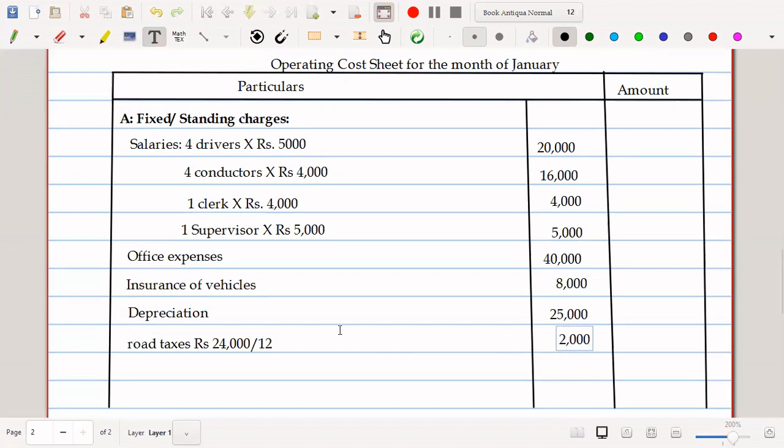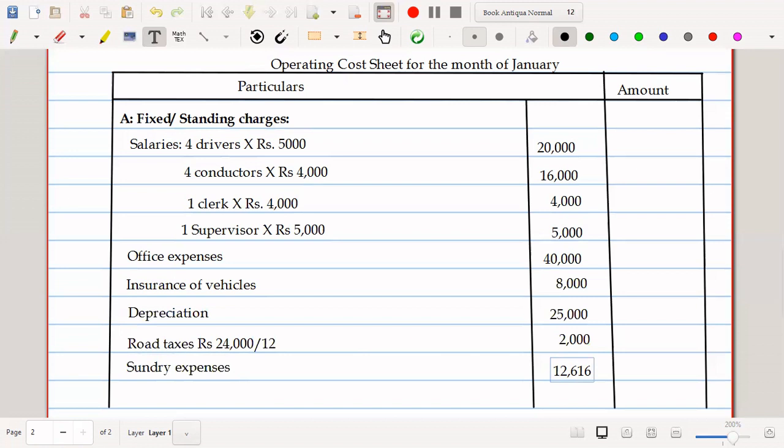And next is sundry expenses. Sundry expenses, rupees 12,161. So these are the items 1, 2, 3, 4, 5, 6, 7, 8, 9.